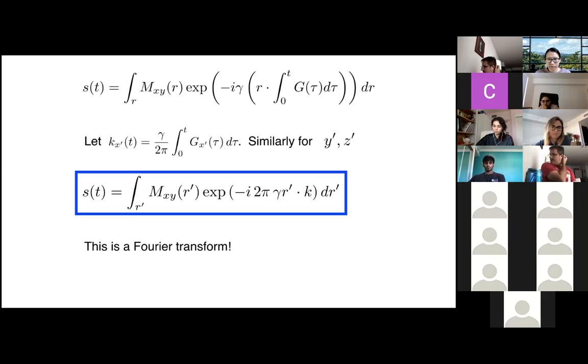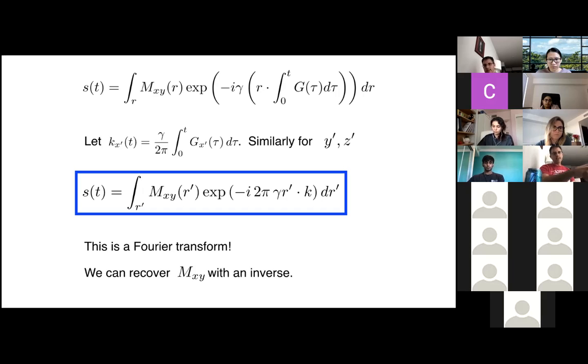This is not isolated to MRI. X-ray, CAT scans, radar, optics, they all magically come down to the Fourier transform. And so the game of MRI is, we're going to manipulate these gradient fields.